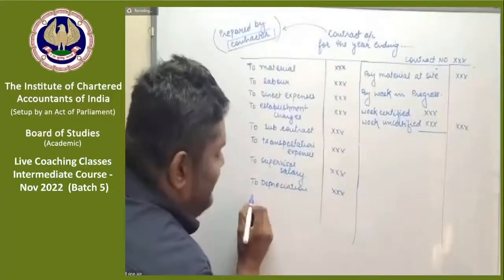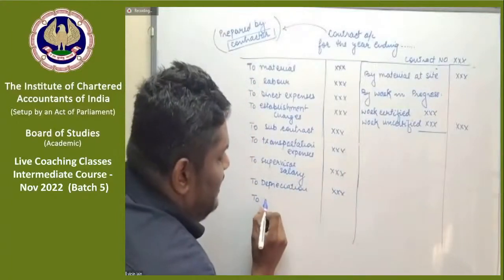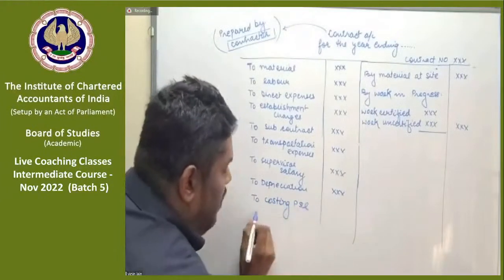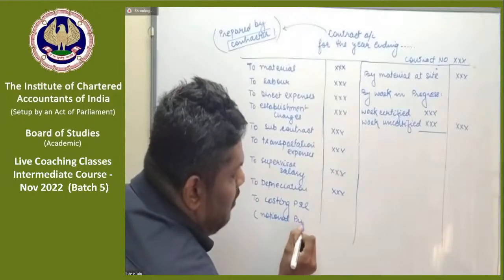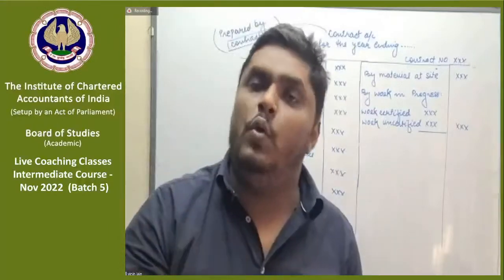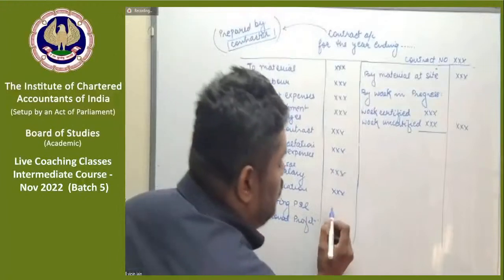So we will get either profit or loss. If there is a profit, then to costing P&L. We call it notional profit because this is not the actual profit. We'll be able to derive the actual profit only after the completion of the contract. So this is to costing P&L, the notional profit.